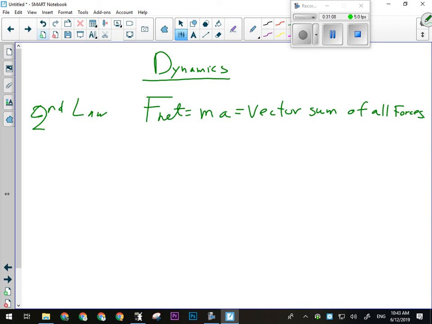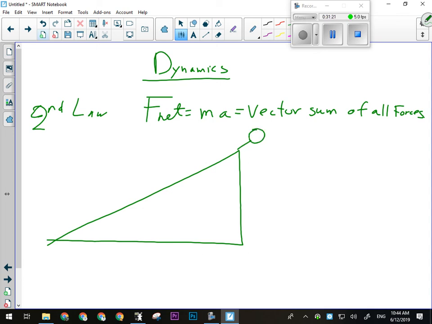So let's look at an inclined plane problem. Everyone okay with that? In fact, let's do this. That way we can practice two things at the same time. We can look at a system and an inclined plane.